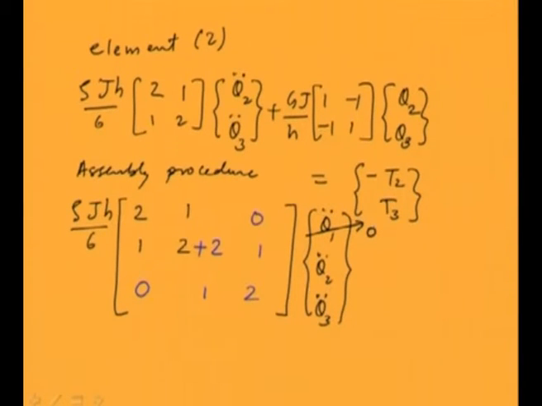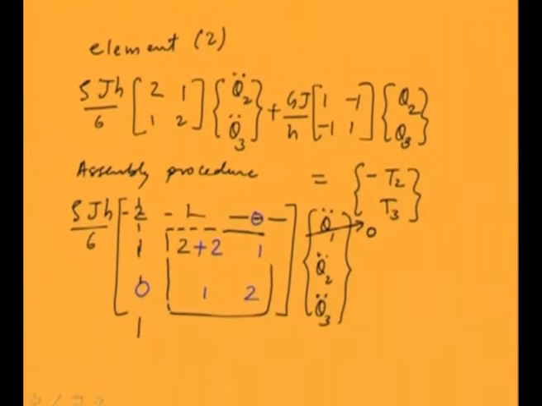So you can see that in this particular case finally we will be left with a 2 by 2 matrix, because we need to eliminate the first row and first column since they are getting multiplied by 0.